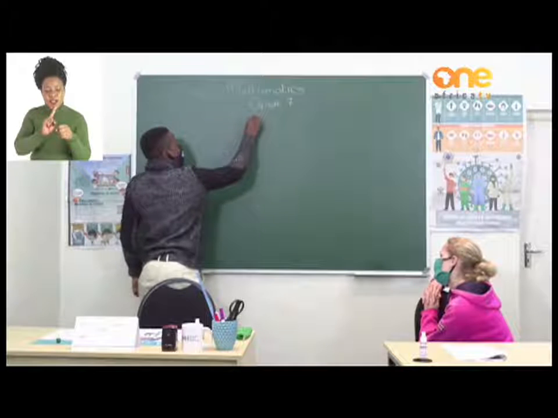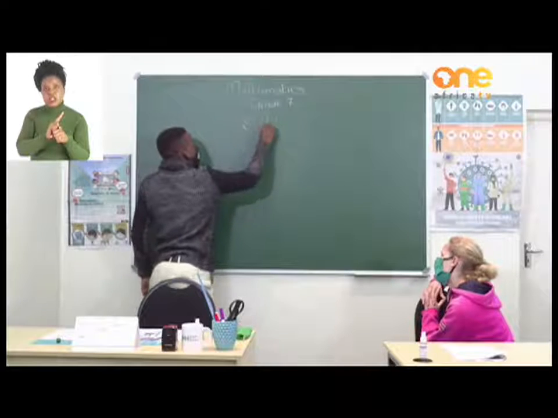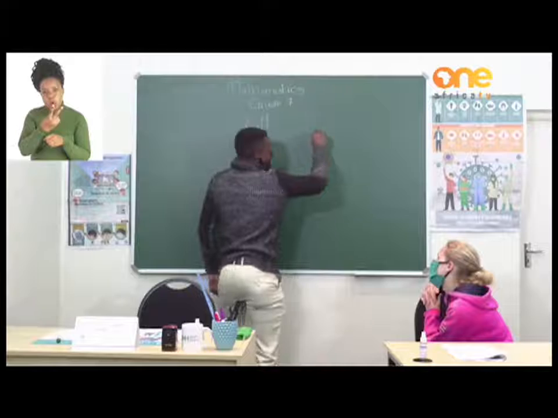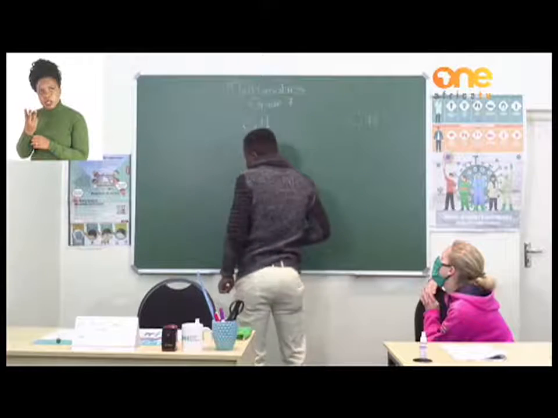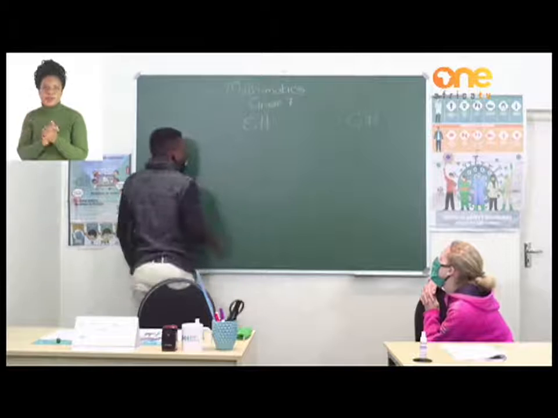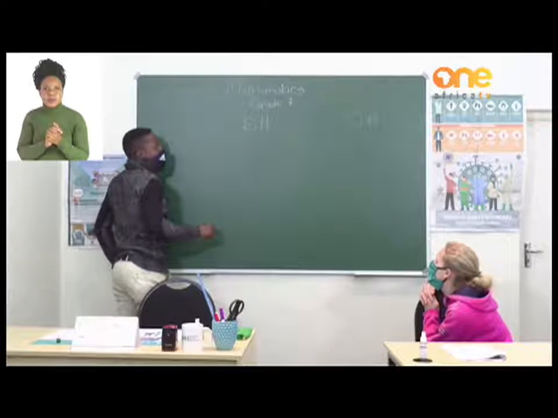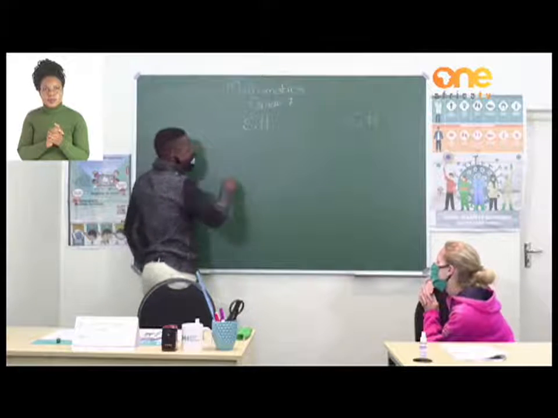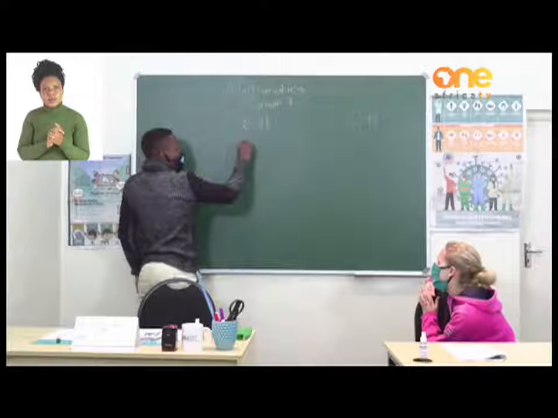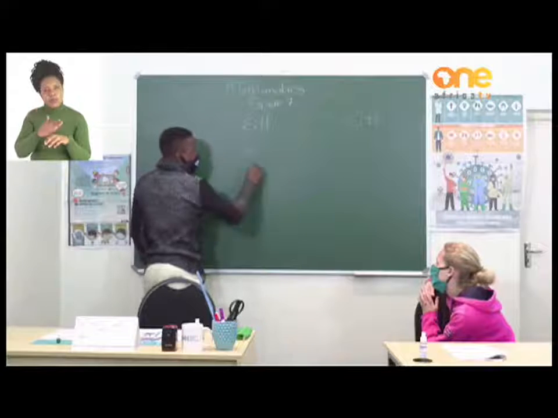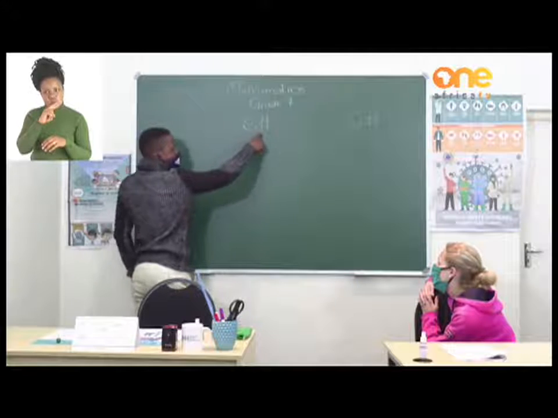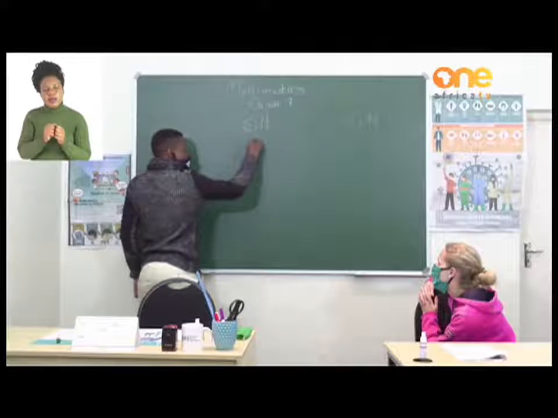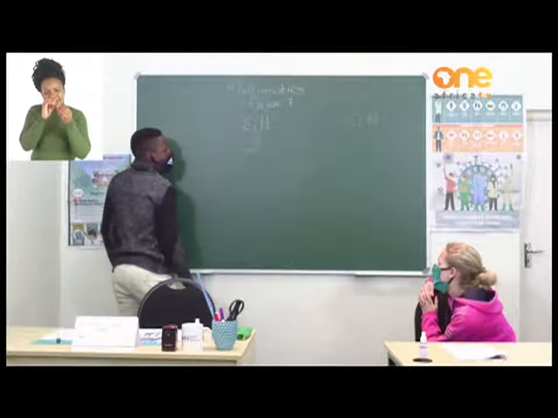So we have learned about the square numbers and the cube numbers, and some of the properties that we need to learn here. For example, 2 squared. Whenever a number is a square number, it has this little power here, which is a 2.